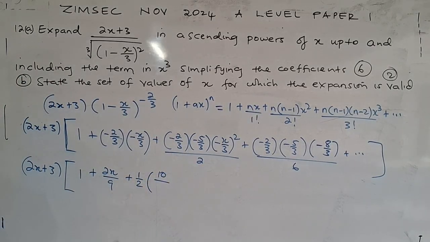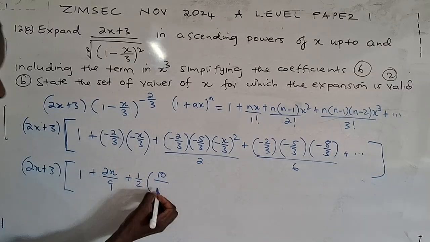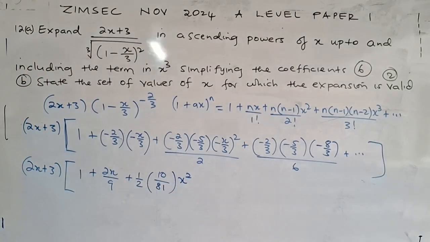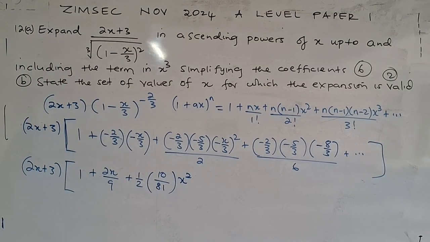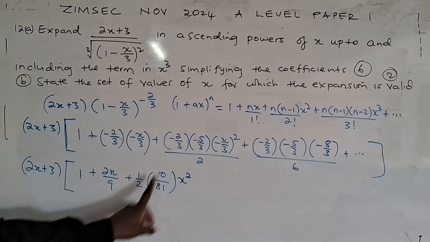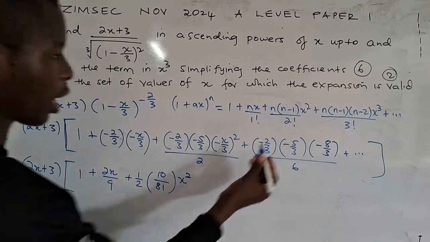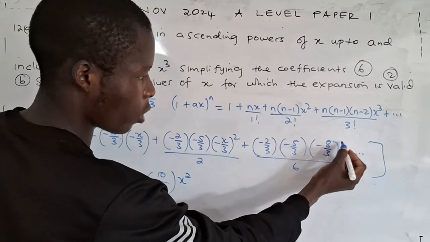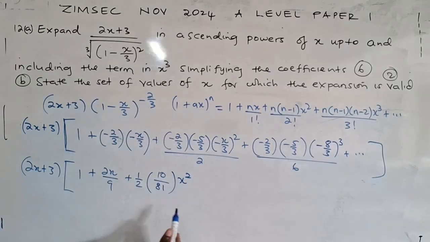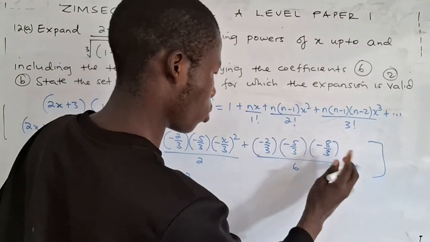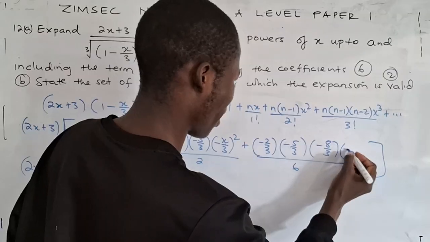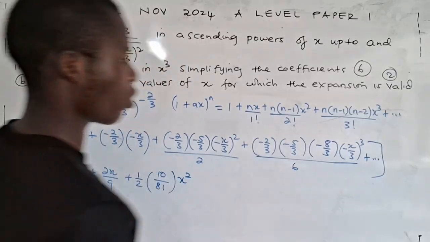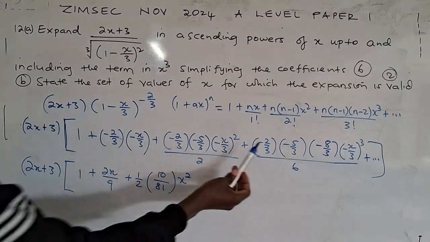This is 10. 3 squared is nothing but 9, and 9 times 9 is 81. Now x to the power 2, so this is 10/81 x squared, and the half is 2 nines. Here I think I made a mistake. You are supposed to put x, which is (-x/3) to the power 3, plus dot dot. Okay, here we are. I have a negative and a negative.